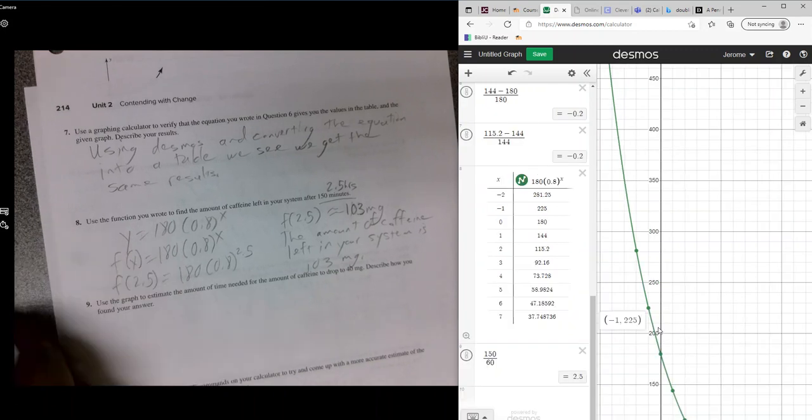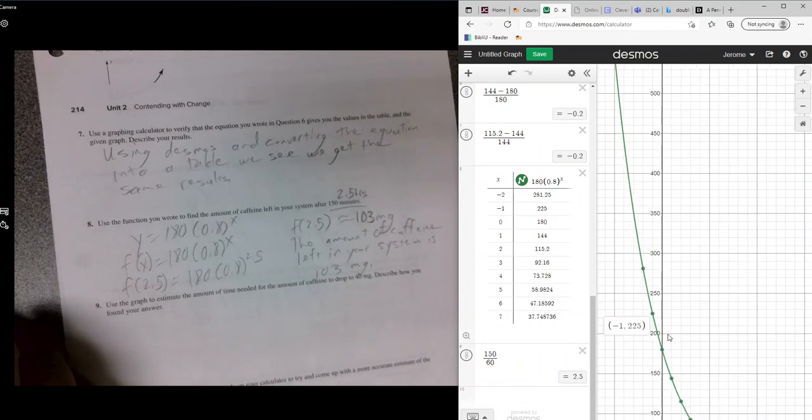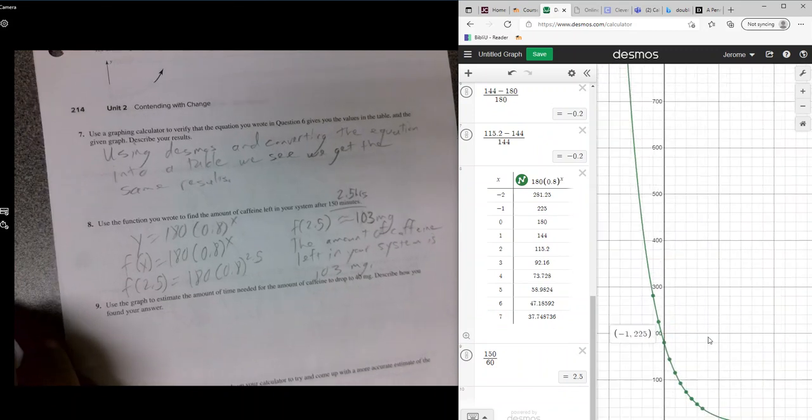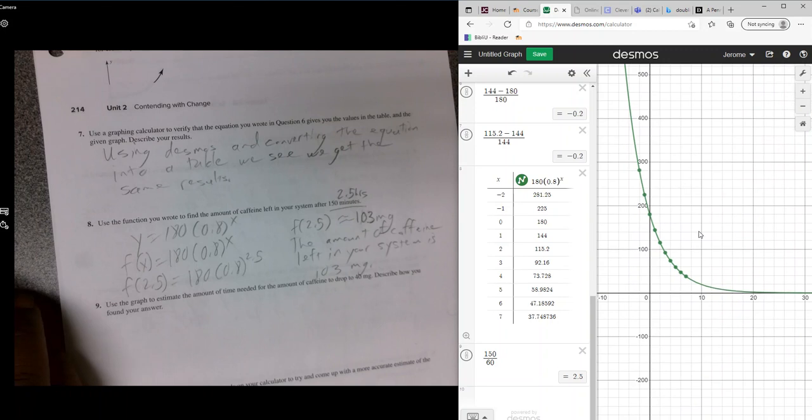We want to drop this to about 40 milligrams. Oh, it won't let me drag on here. Let me show you this because I will have to show you this eventually anyway. Whenever you change an equation to a table, it doesn't let you drag on the graph.